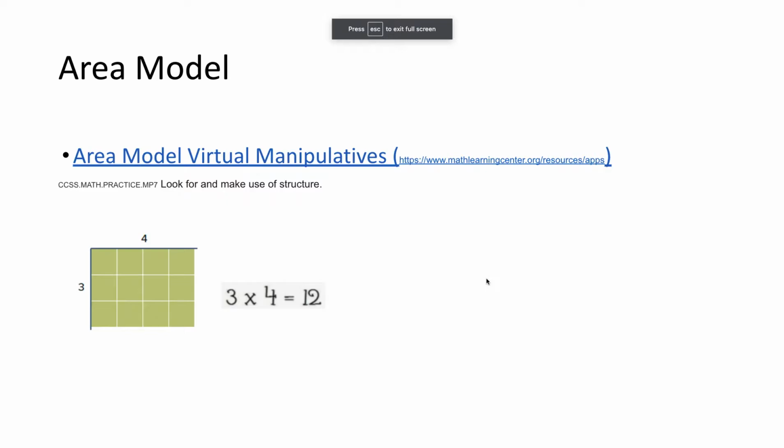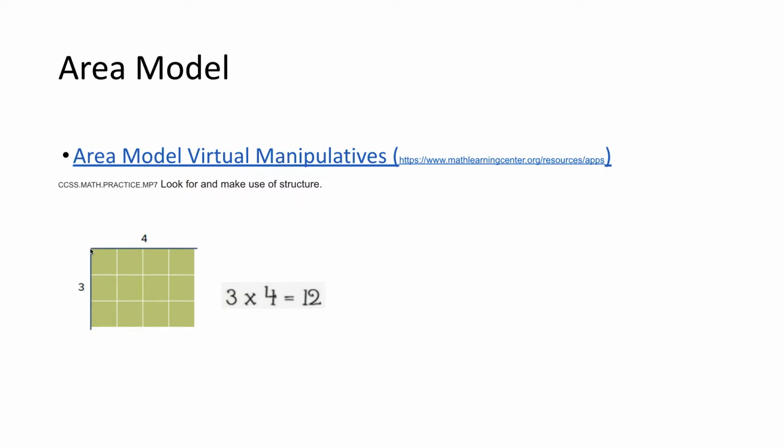Okay, area model. I love the area model. So I want you to know how to use the area model too. It's just like the array model, but we are not counting how many objects are in it, we are using the area of a rectangle. So for example, if we are doing 4 times 3 or 3 times 4, you can make a rectangle and see how many squares are in it.